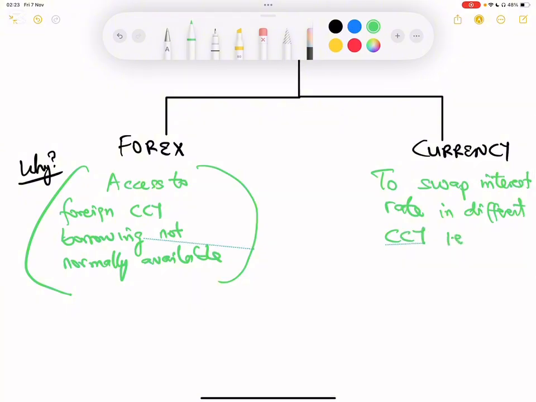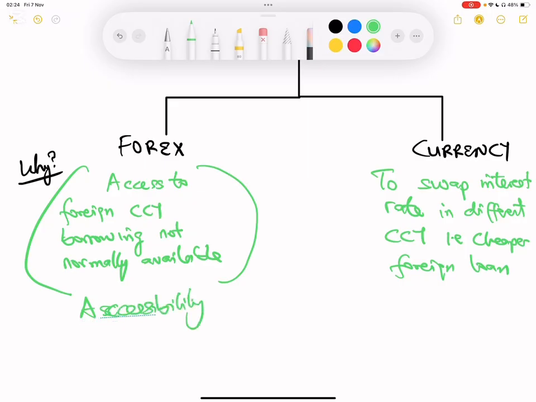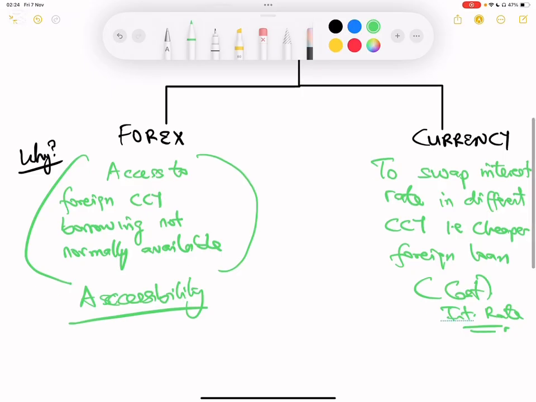Most likely, what you're looking for is a cheaper foreign loan. So this one is about accessibility. And this one is about cost, interest rate, that is the cost of loan. Right. Yeah, so I'm going to use an example to just drive this home quickly.